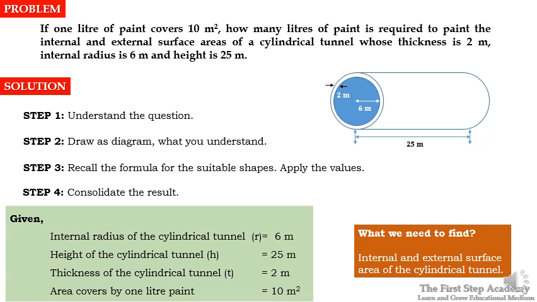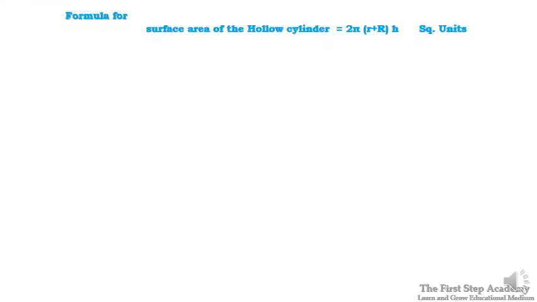So now we are clear what shapes are involved, what parameters are given and what exactly we need to find. The involved shape is a hollow cylinder. Now we need to recall the formula to find the surface area of the hollow cylinder.